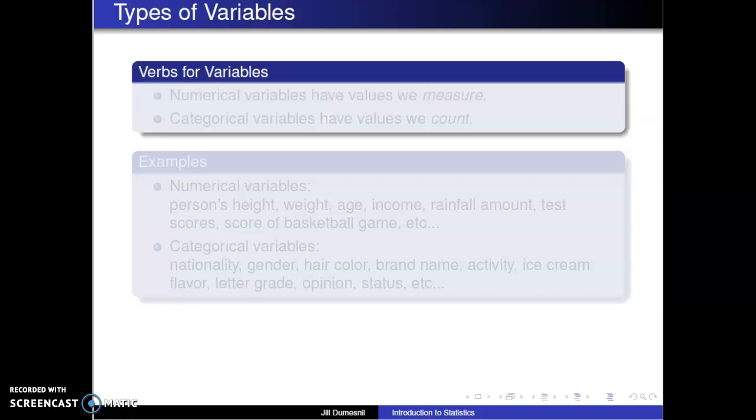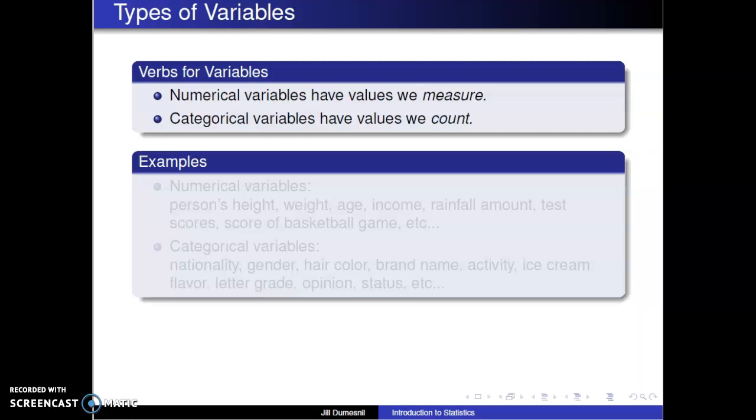I like to think about the verbs involved in finding the variable values. Numerical variables have values we measure. For example, how much rain fell overnight. Categorical variables, on the other hand, have values we count. For example, how many Juneauites own a pair of extra tough boots?